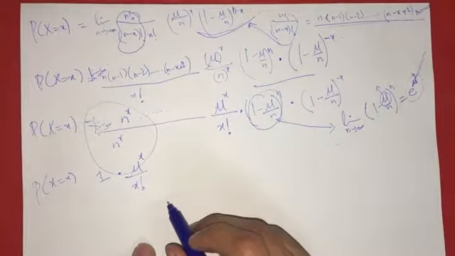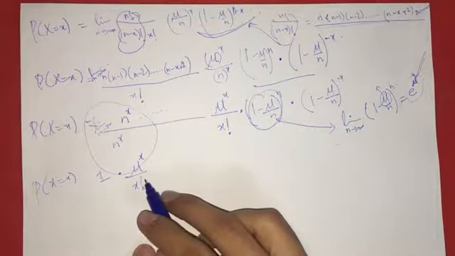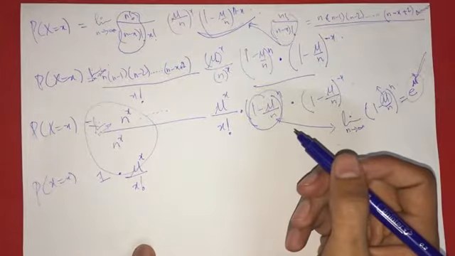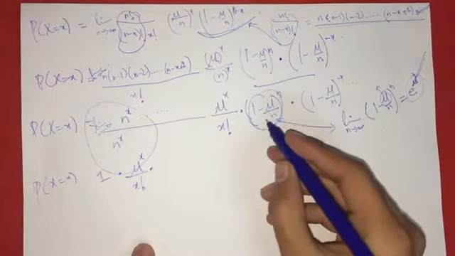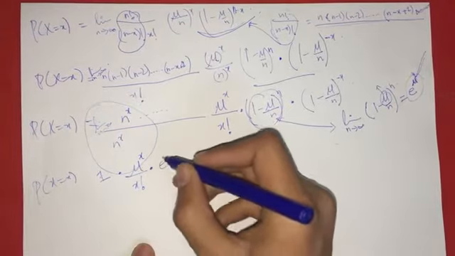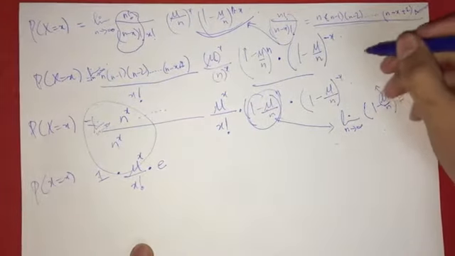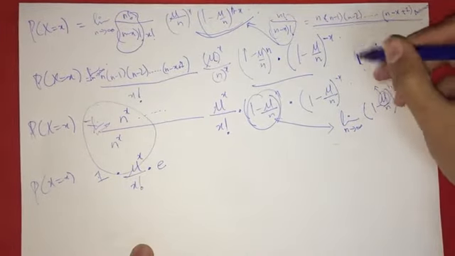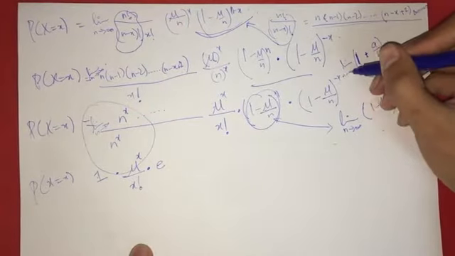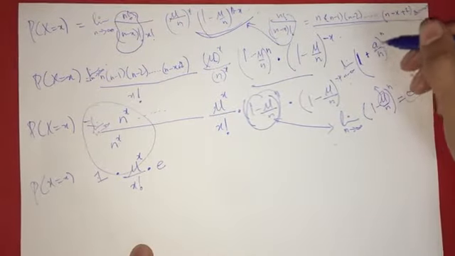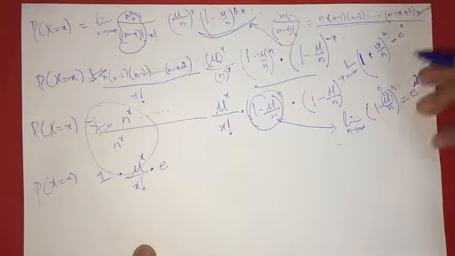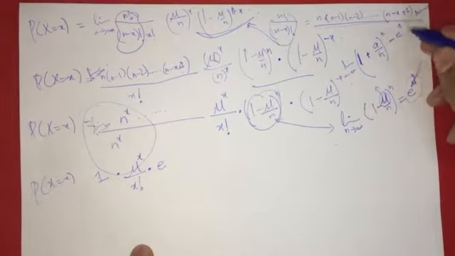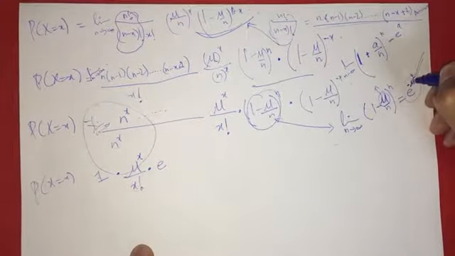So you have this mu power x, and then this term is actually equal to e power, and here, okay, so 1 plus a by n, when this limit n approaches infinity, is actually equal to e power a, but here you have minus mu, so instead of e power a, that will be e power minus mu.